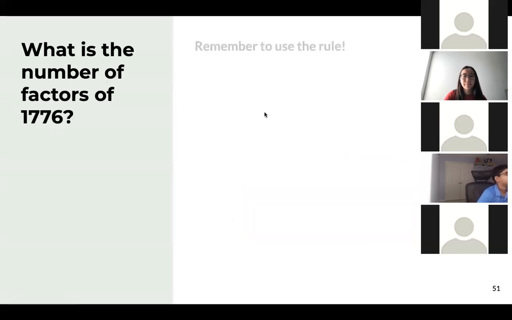All right. What is the number of factors of 1776? Go ahead and try this one out. In fact, we can go ahead and prime factor it together to make it a bit easier. So 1776, that can be divisible by 2. So let's see, what is 1776 divided by 2? That would be 888.